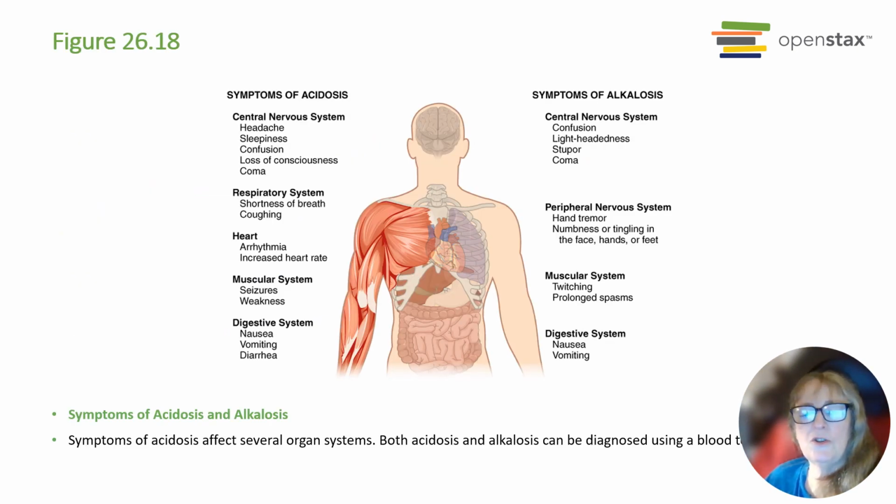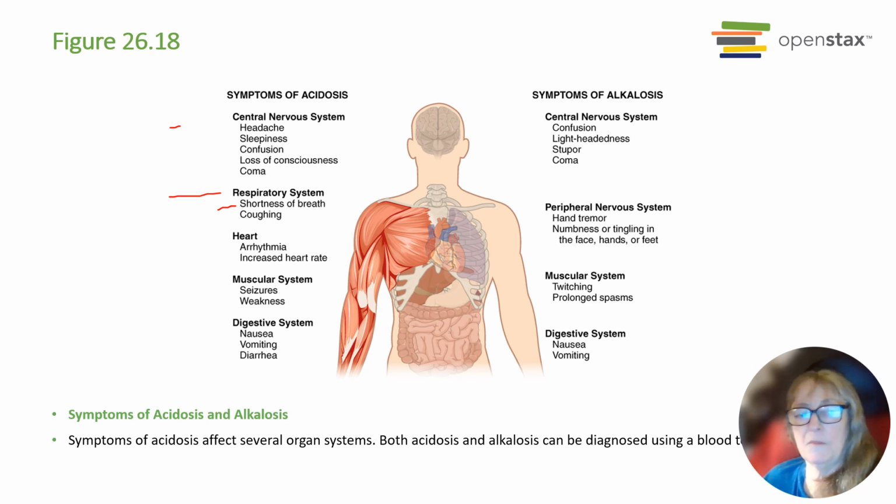Okay, now, symptoms you may see just to give you an idea of what kind of acidosis or alkalosis you have. Central nervous system, headache, sleepiness, confusion, loss of consciousness, coma, death. Respiratory system, shortness of breath. Now be cautious about abbreviating that on your notes, because to me, when I see the abbreviation for short of breath, I don't think of the same thing that you're thinking of when you write that down.